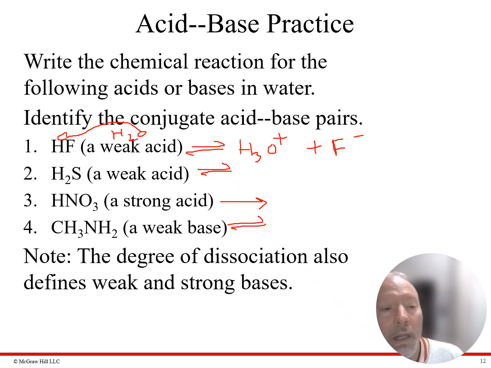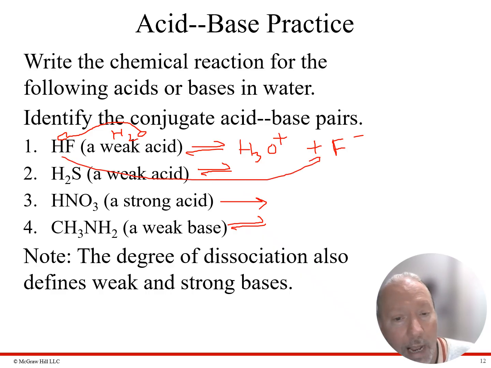The water acted as the base, so the water is the base, and HF, or hydrofluoric acid, is of course the acid. But then you link these pairs together. Fluoride comes over here, so we have the acid and conjugate base, and here we have the base and conjugate acid.